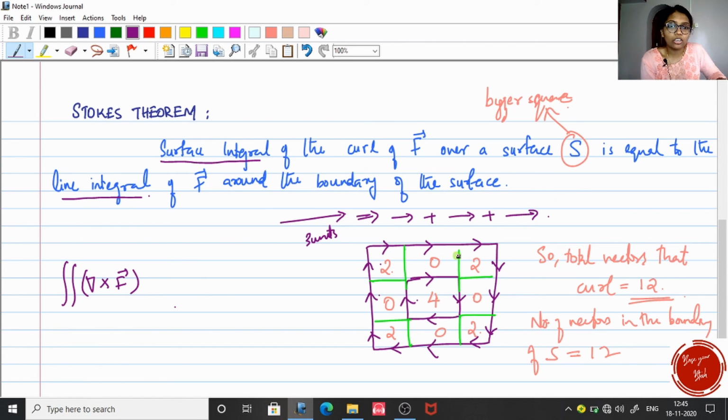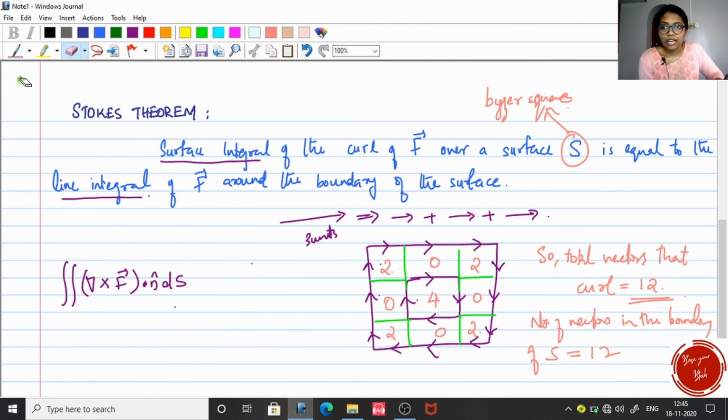The curling occurs in one plane, and every plane has its direction perpendicular to it. For every plane, the direction of the plane is perpendicular to that plane. So for that indication, we need dot n cap dS. That is, n cap is the direction perpendicular to the surface dS.